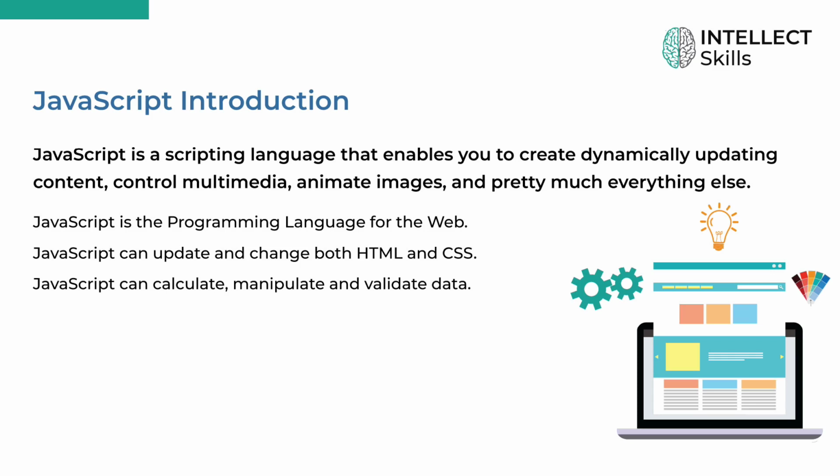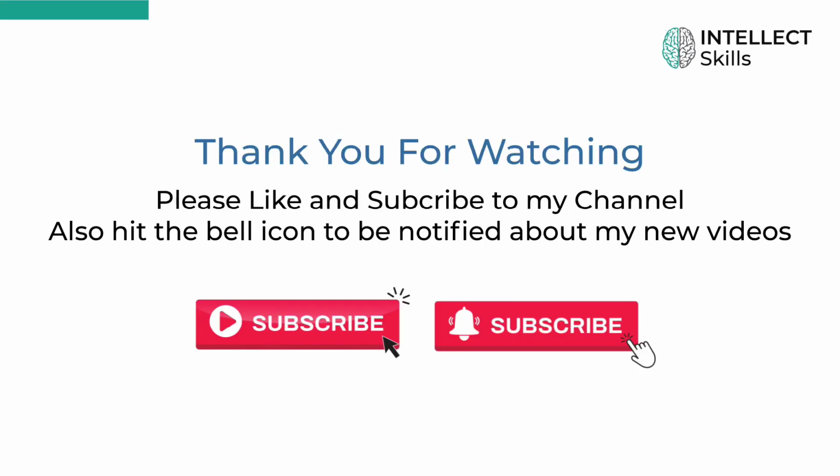JavaScript can also calculate, manipulate, and validate data. So to explain JavaScript in simple terms, with JavaScript, you can manipulate the HTML, CSS, and add animations, do all your calculations, create logic, functions, etc. We will learn all these in detail in our upcoming videos.